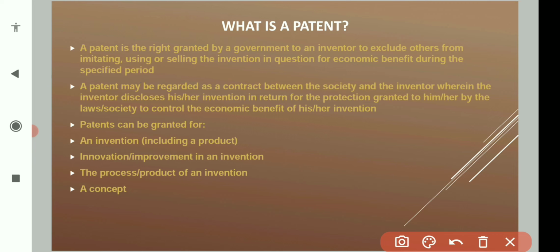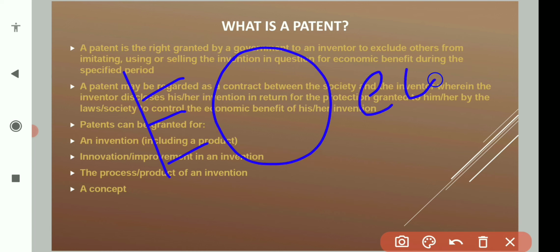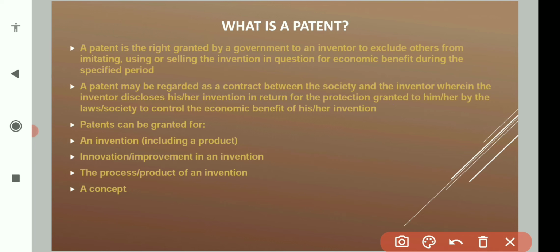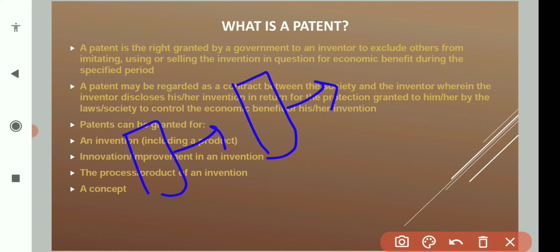So the patent will exclude others from taking economic benefit from your invention.